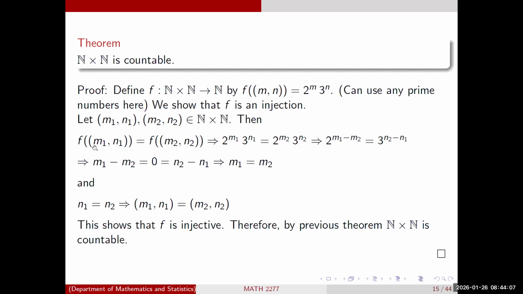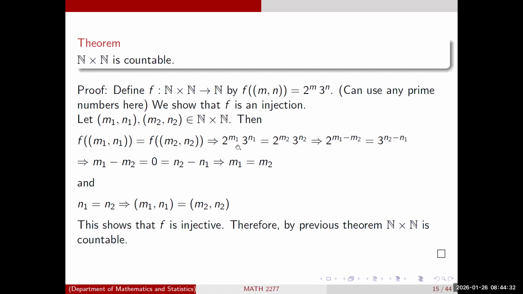So suppose f of (m1, n1) equals f of (m2, n2). I need to show (m1, n1) is equal to (m2, n2). By definition, f of (m1, n1) is 2 to the m1, 3 to the n1, and f of (m2, n2) is this one.